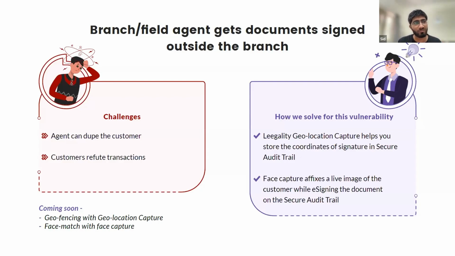Yeah. Great. That's right. I think, Aditya, you touch upon a very important topic, which is having all of these steps in place actually give a message to the user and the signer that this is a very serious process that has to be done appropriately, right? So when you ask a user to capture their face, when you ask a user to capture their location, when you ask the user to do an Aadhaar eSign that requires them to enter their Aadhaar, user behavior and psychology dictates that you will automatically see lesser instances of fraud happening compared to running a process like a non-OTP based click wrap, right?